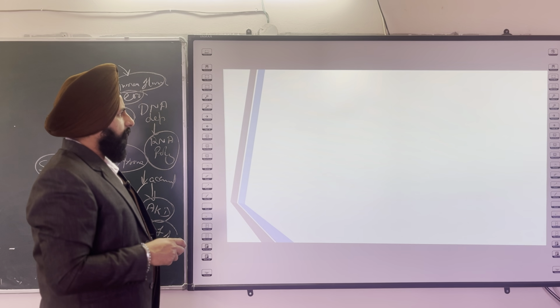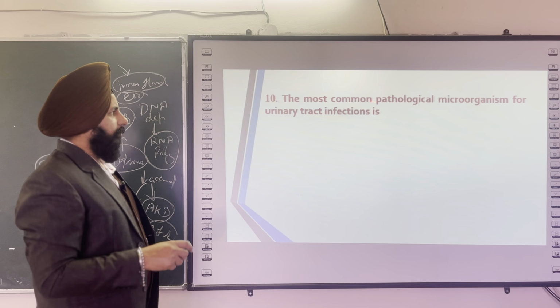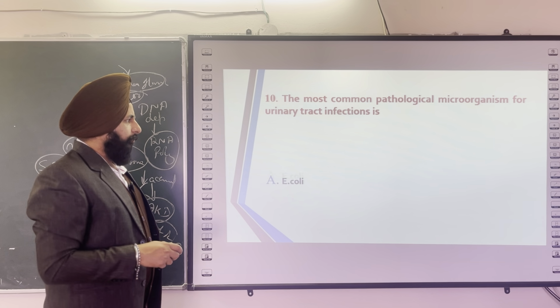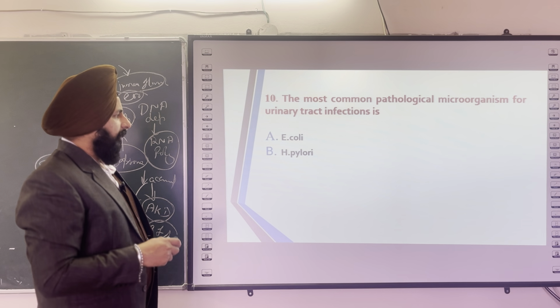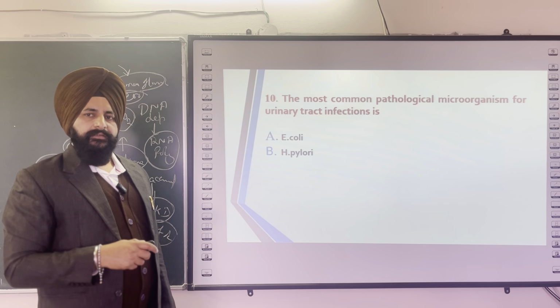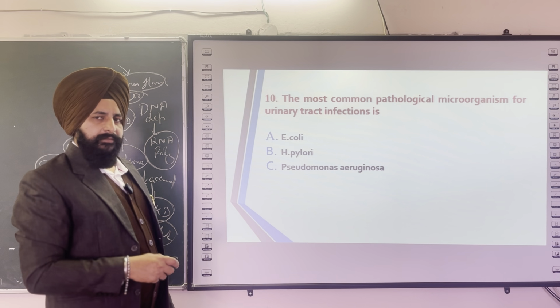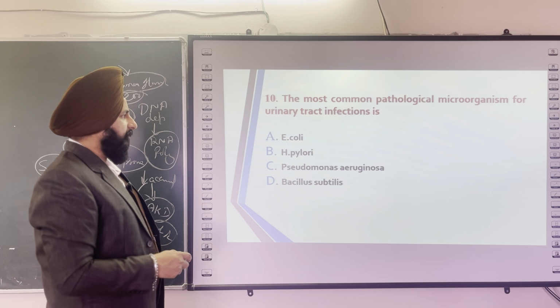The next question for this series is, the most common pathogenic microorganism for urinary tract infection is. Options are E. coli, Escherichia coli, H. pylori, Helicobacter pylori, Pseudomonas aeruginosa, and Bacillus subtilis. You choose the correct answer.